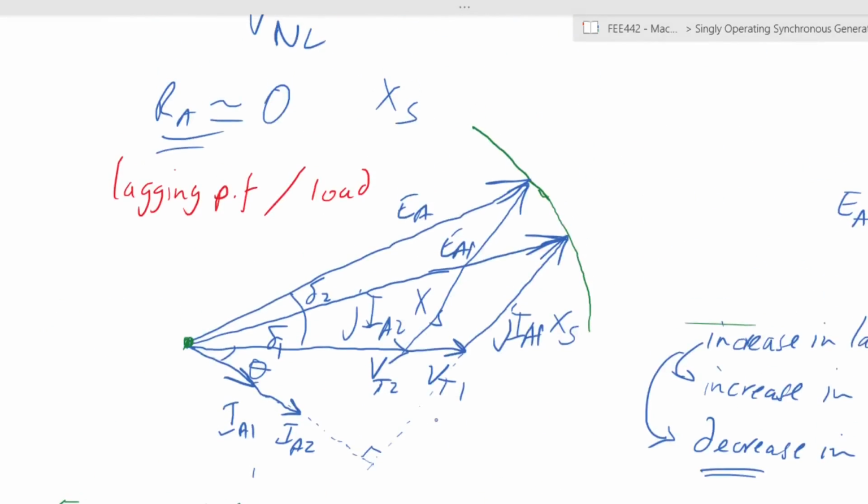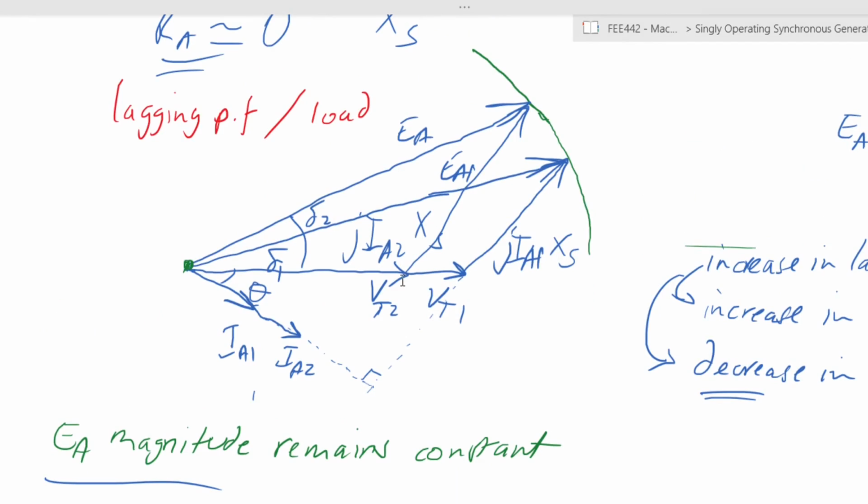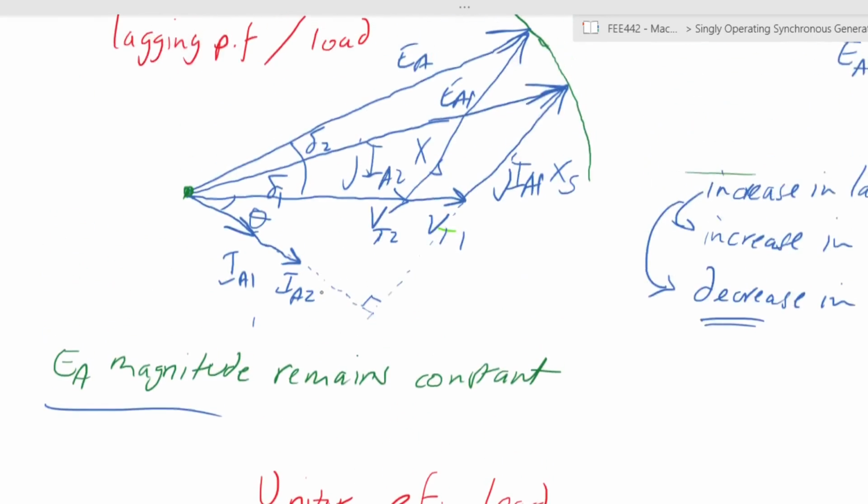In the previous two examples, when we had a lagging power factor, when the load increases, your terminal voltage decreases, all right? My point is your load increasing in lagging power factor or even in unity power factor causes a decrease in terminal voltage.